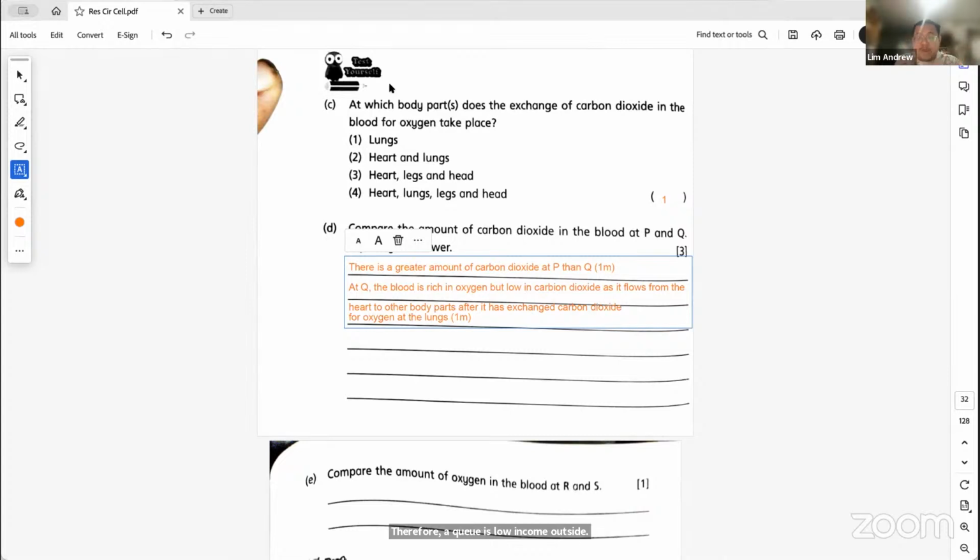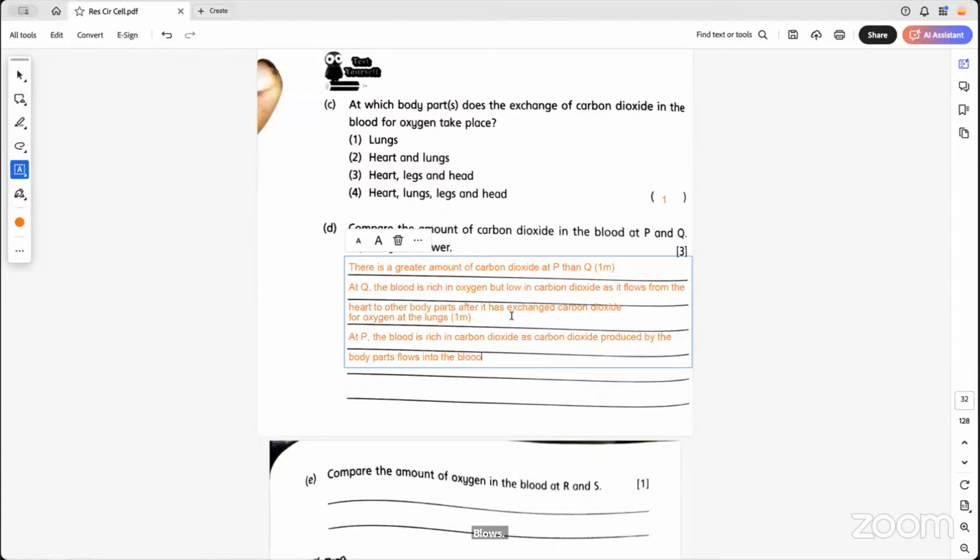After you explain why at Q, you have to explain what happened at P. So you explain at P, the blood is rich in carbon dioxide as carbon dioxide produced by the body parts flows in the blood, to be exchanged for oxygen.